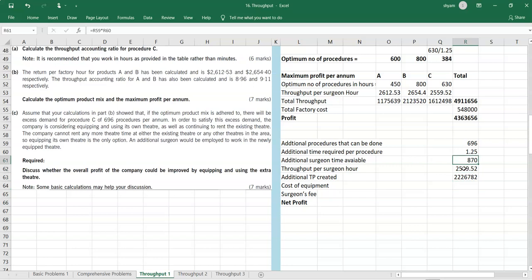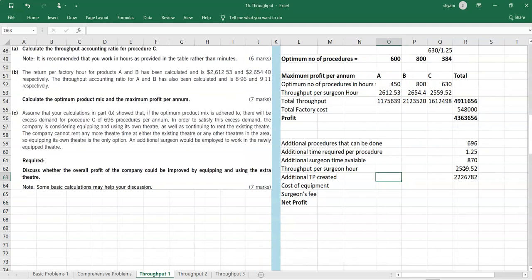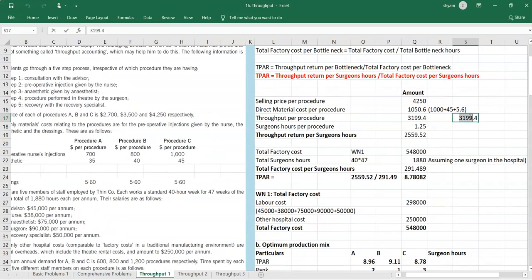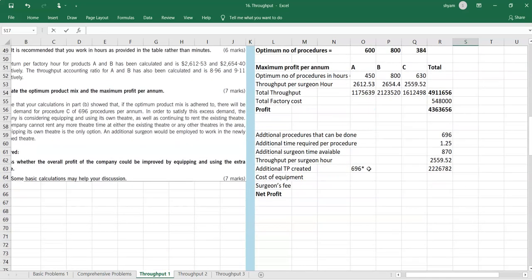You can also find it out in another way. Totally there are 696 procedures that can be done, and we can find out each procedure's return. The throughput per procedure for C is 3199.4. We can just copy this number and put it here.